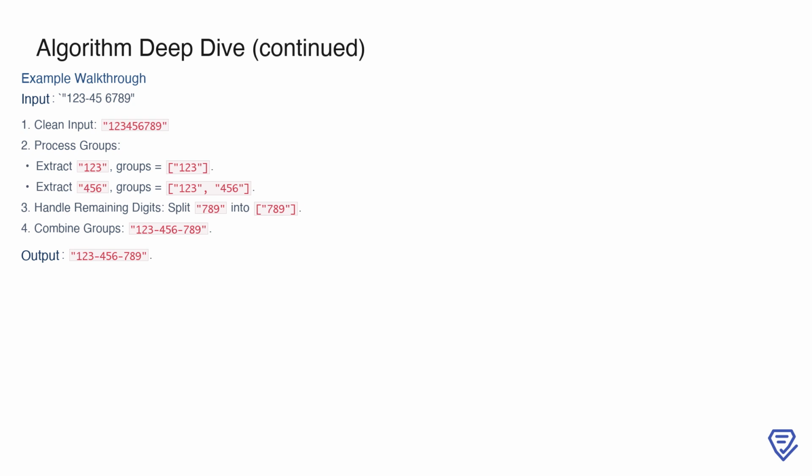Now, only 789 remains, and since it is fewer than 4 digits, we append it as a single group. At this stage, the groups list is 123, 456, 789. Finally, we combine these groups using the join method, resulting in the formatted string 123-456-789. This final output adheres to all the formatting rules and demonstrates the algorithm's effectiveness in handling a typical input.